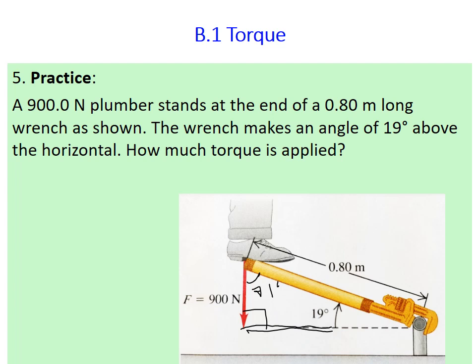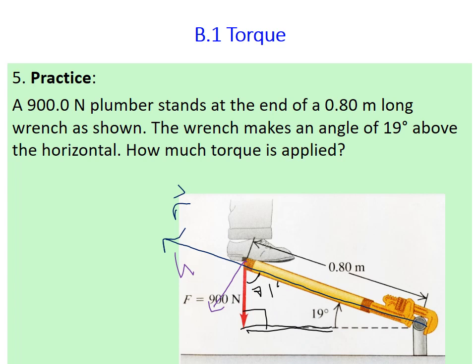So just like before, you need to split this weight vector into its components. I'll extend the moment arm, which is along this wrench. I extend that R vector. The moment arm is the same thing as the lever arm. And once again, you're going to make your component of the weight that is perpendicular.